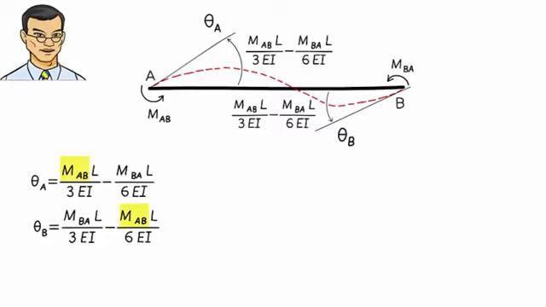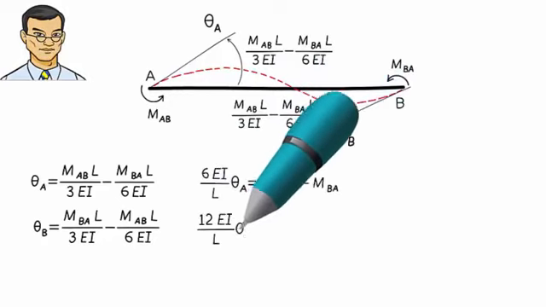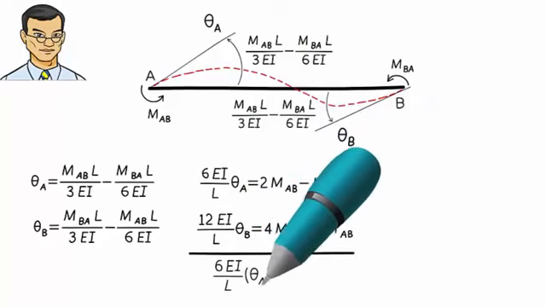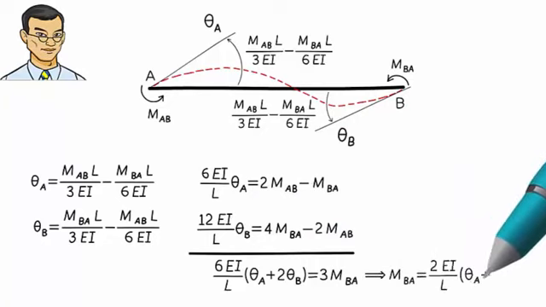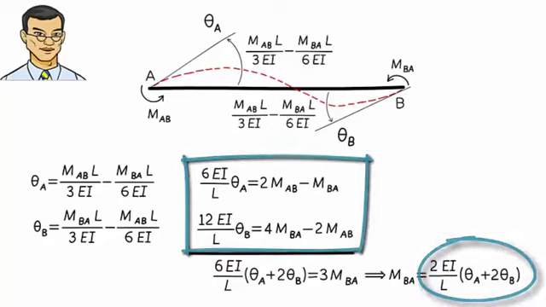Let's treat MAB and MBA as unknowns and write them in terms of theta A and theta B. To do so, first rearrange the equations like this. Summing these equations gives us, or, substituting this for MBA in one of these equations, we get.